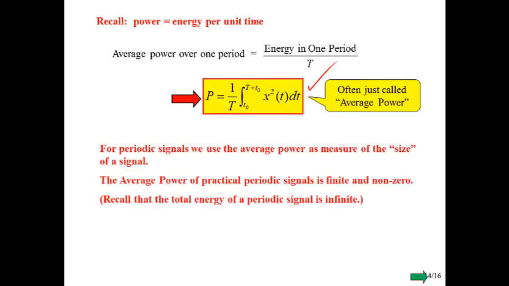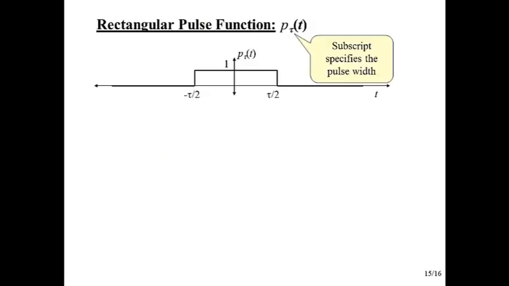So for periodic signals, we can use this concept of average power as a way of measuring the size of the signal. So for practical periodic signals, the average power is finite but not zero, and the total energy of the periodic signal is infinite, if you remember from our previous example.